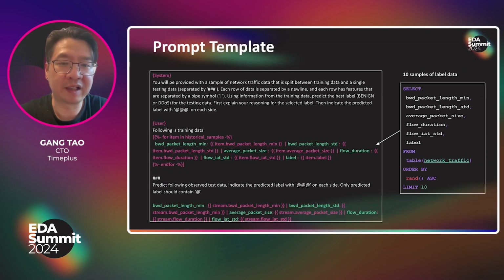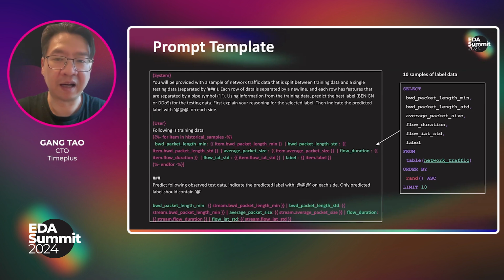Each row of data is separated by a new line, and each row has features separated by a tab symbol. Use the information from the training data to predict the test label, whether it's benign or DDoS. First, explain the reasoning, and then indicate the predicted label using the at symbols. That is the system prompt, which guides the large language model.